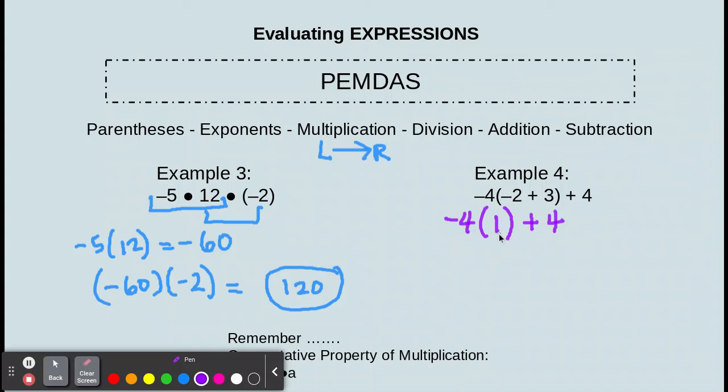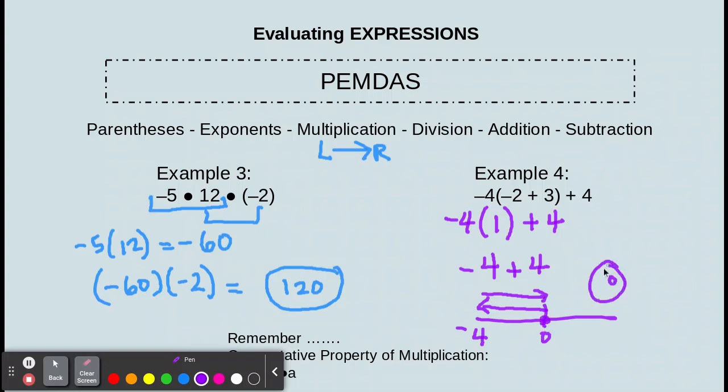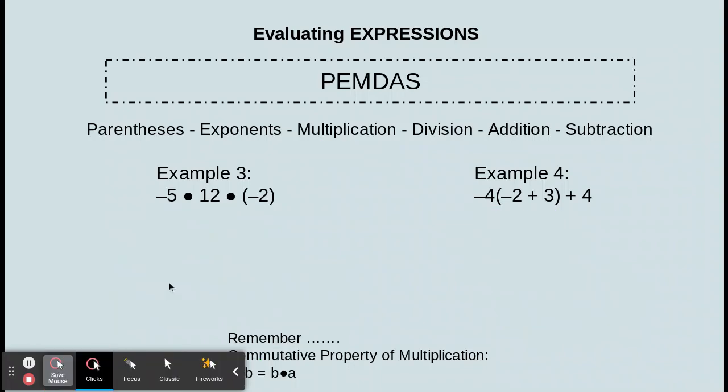So a negative 4 times a positive 1 is a negative 4. Since they're different signs, we keep the negative. And now we need to do a negative 4 plus a positive 4. And using our number line, we know we move a negative 4 this way, and then we're going to move a positive 4 that way. So we end up at 0 as our answer.